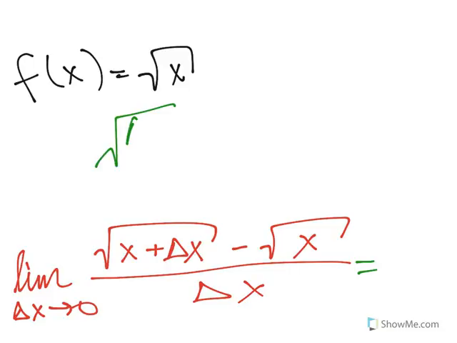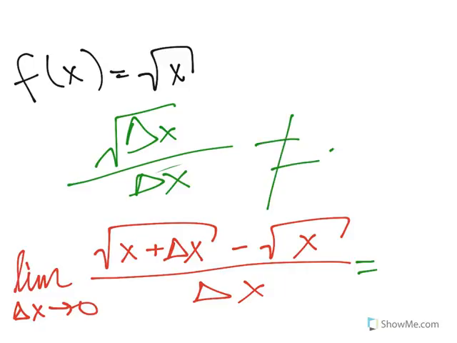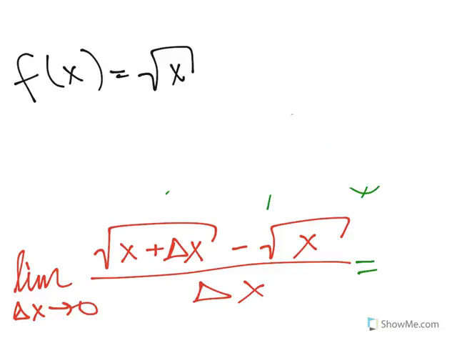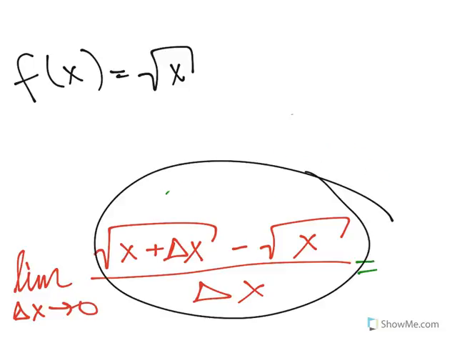This function and this function are not the same. These two are not equal. Okay, so how do we go about finding what this function can be equal to?